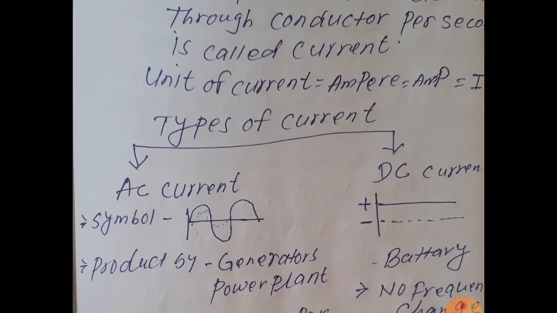This means AC current circles 50 times per second in the conductor, but DC current has no frequency. AC current moves in a zigzag route, but DC current goes direct. Phase is one line going and neutral is one line going. There is no change of frequency.